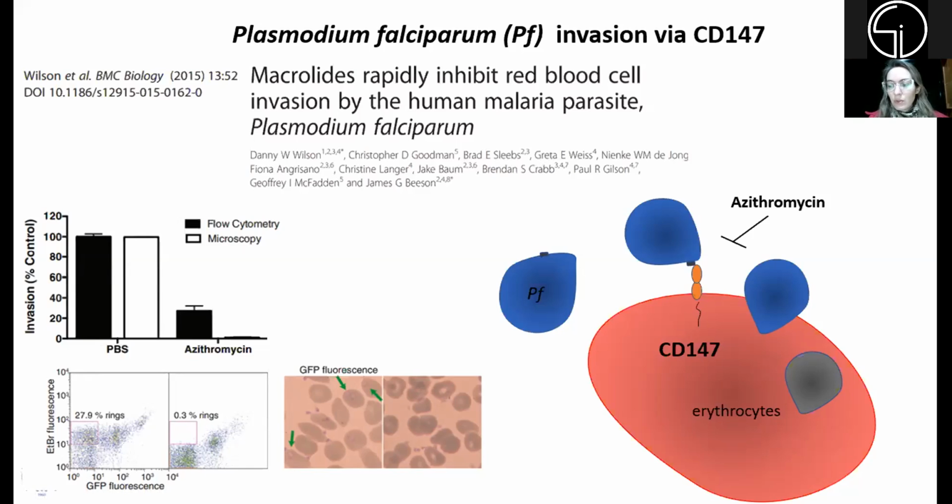Removal of two glycan groups of azithromycin induces a loss of invasion inhibition, and other derivatives of azithromycin present different invasion inhibition activity.